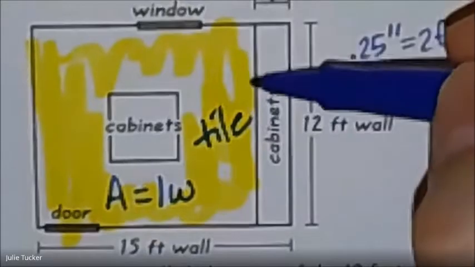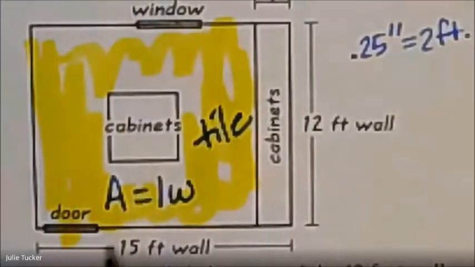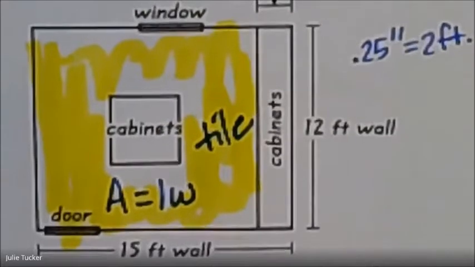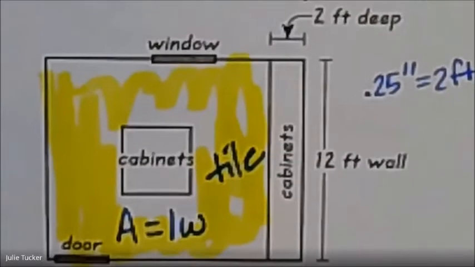So this side is how long? Good job. This side is how long? It's not quite 15 though, because how wide are the cabinets? Good. So 15 minus 2, right?